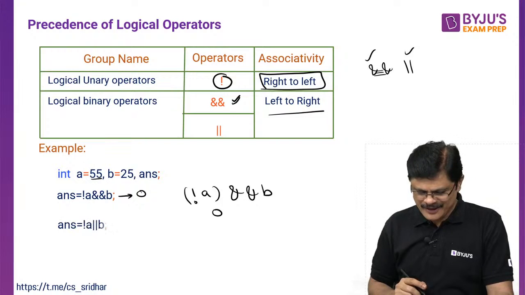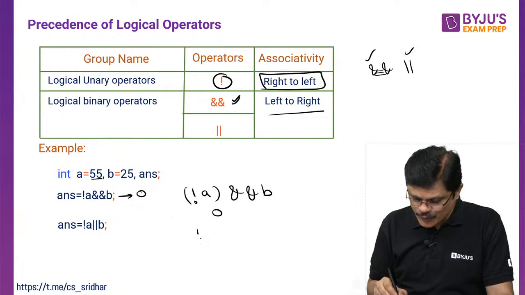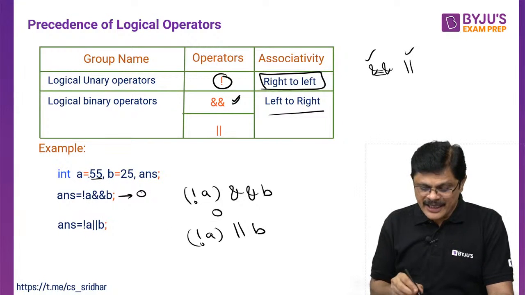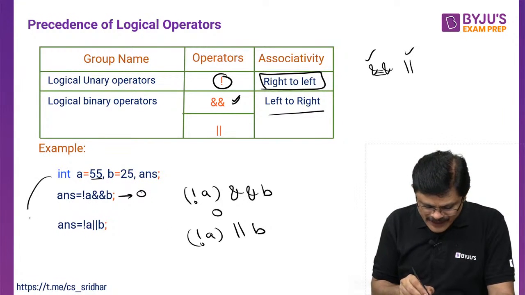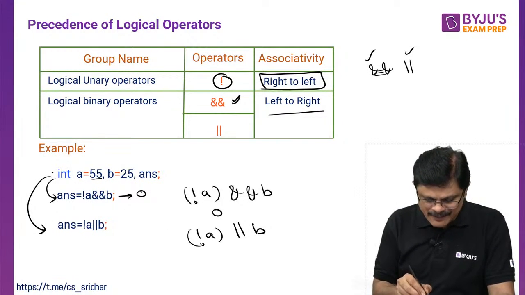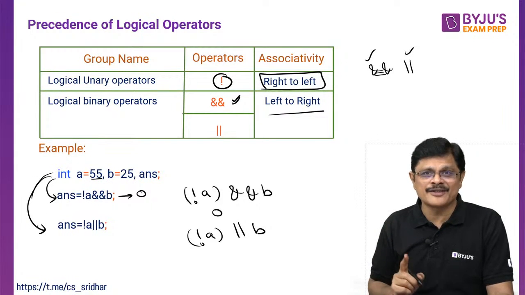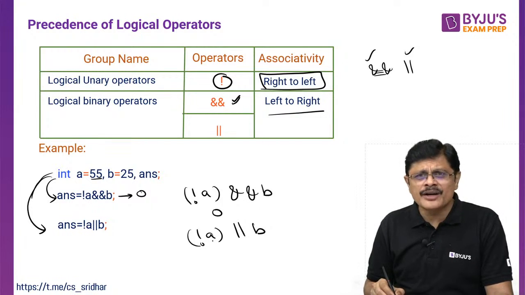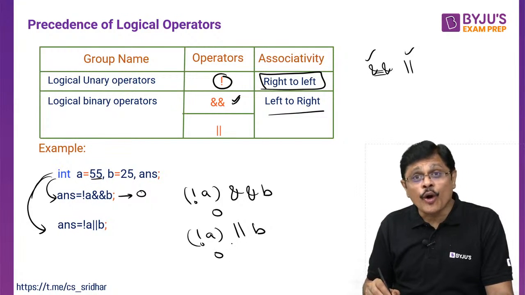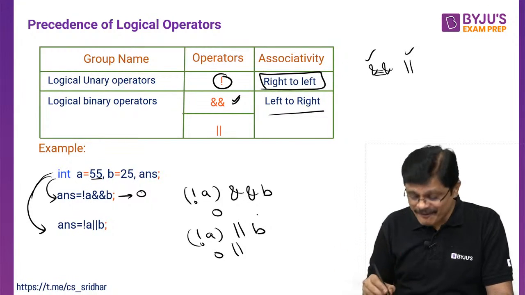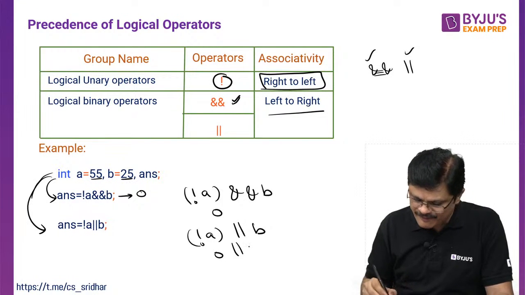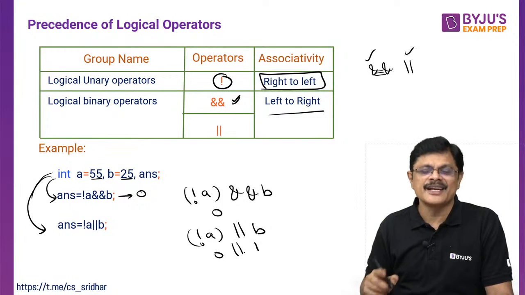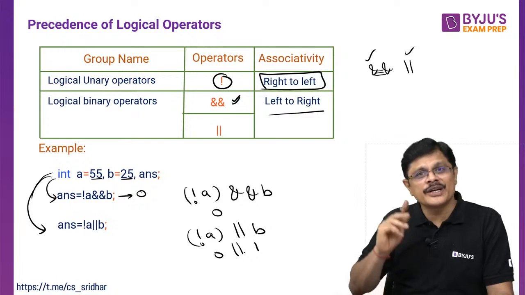Very good, very good. Now, what about this? Here also, not A has higher precedence than OR, my dear friends. A is non-zero. For both examples, I am taking this value, not the modified values. Of course, A is not modified anyhow, no problem. Now, not A means what? 0. 0 or, then you have to see the fate of this one. What is the fate of B? 25. 25 means 1 for us. Any non-zero is 1, 0 is 0.